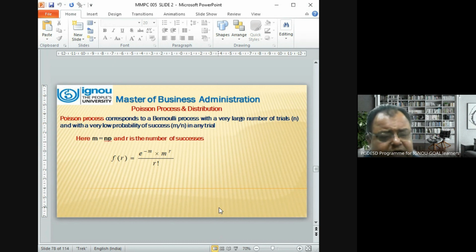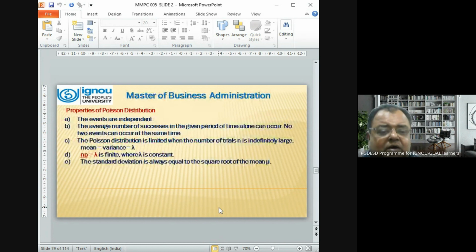So m is the product np, and r is the number of successes. So the probability of r will be e raised to the power minus m into m raised to the power r upon r factorial. Now, what are the properties of Poisson distribution?